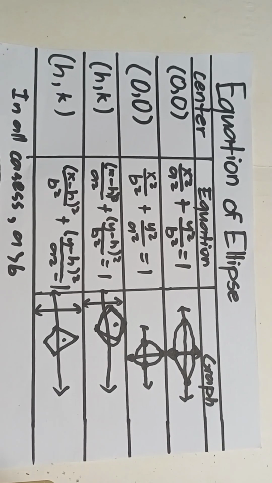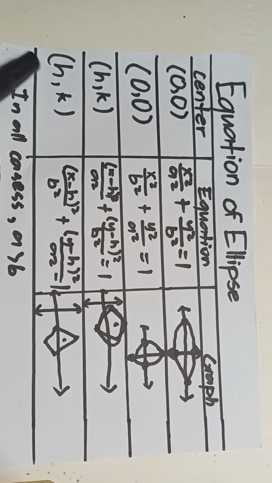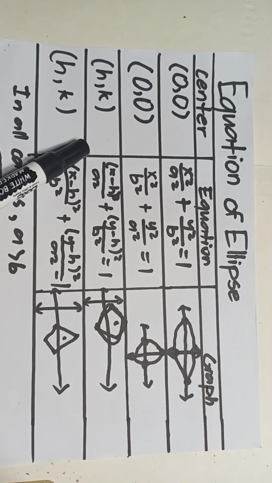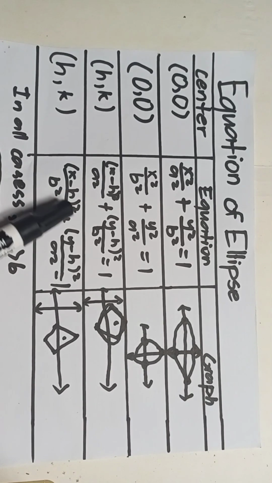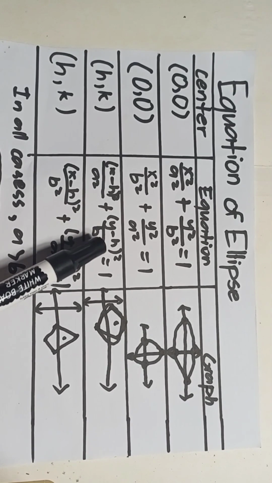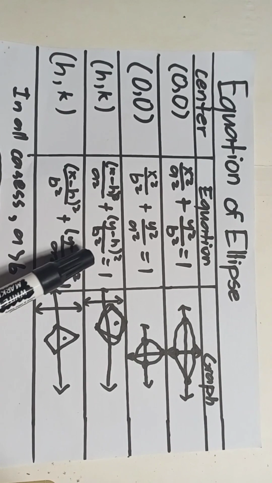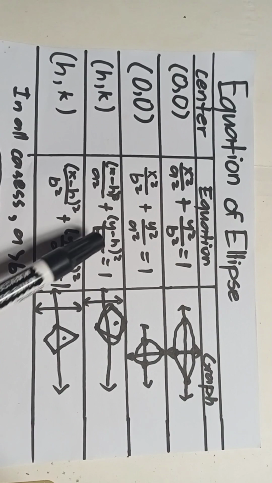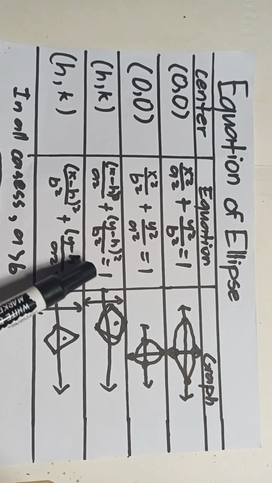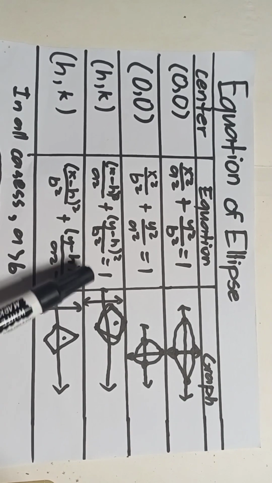If the center of the ellipse is not at the origin, at 0, 0, we are going to use h, k. The equation is x minus h squared over a squared plus y minus k squared over b squared equals 1.